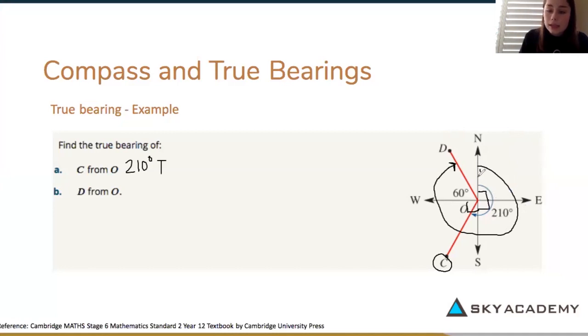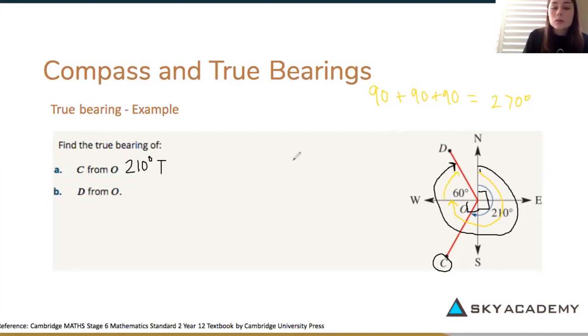So here, I'll do it in a different color so we can see. We'll do yellow. The yellow line indicates 90 plus 90 plus 90 because we have passed 3 right angles, which gives us 270 degrees. And then we need to figure out this extra little bit from here to here.